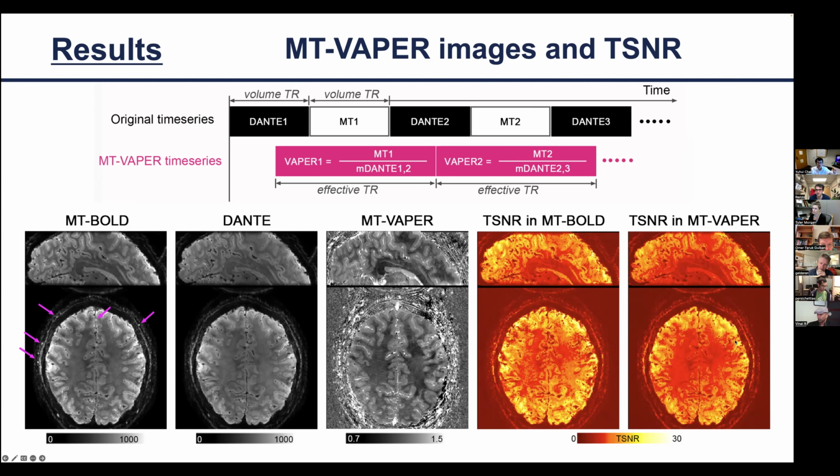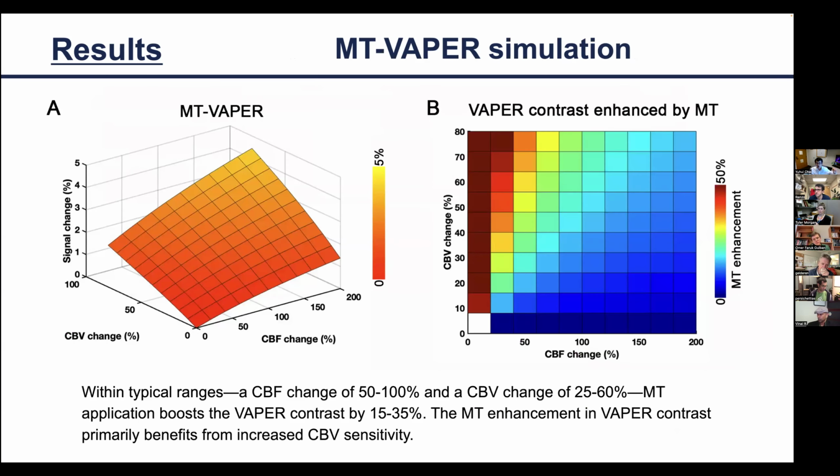Yeah. And here is a simulation of this MT VAPER signal. So we simulated MT VAPER signal change as a function of CBV change and CBF change. We simulated CBV from 0 to 100 and CBF from 0 to 200, because at high resolution, in some cases, when it is dominated by vessels, there is a very high CBV and CBF change.